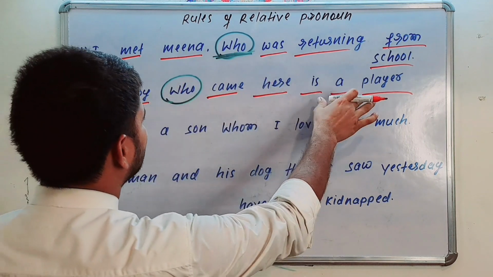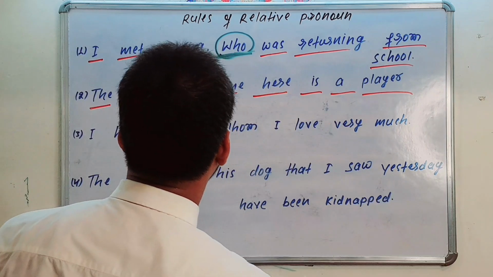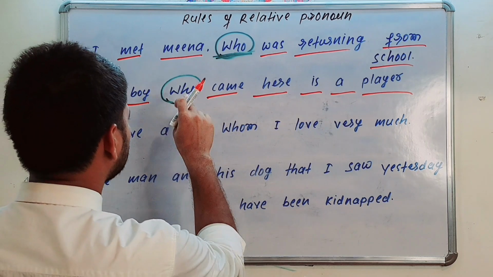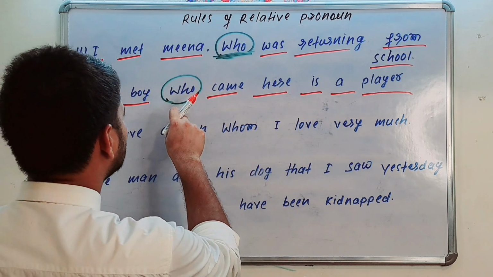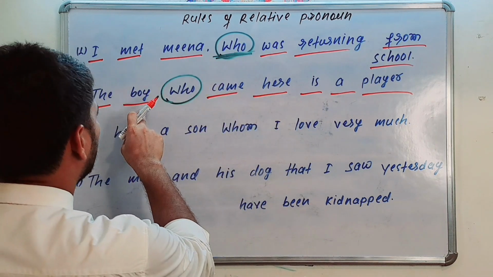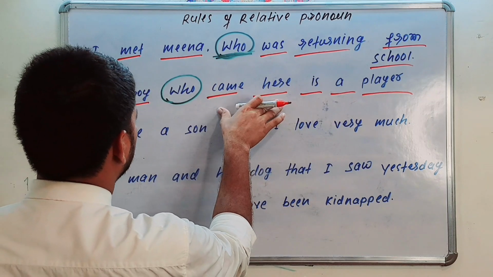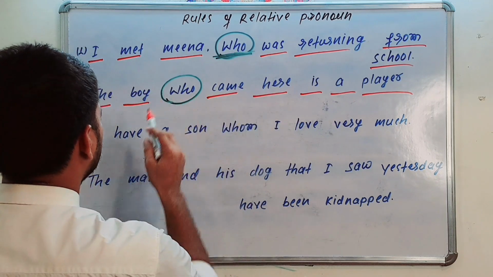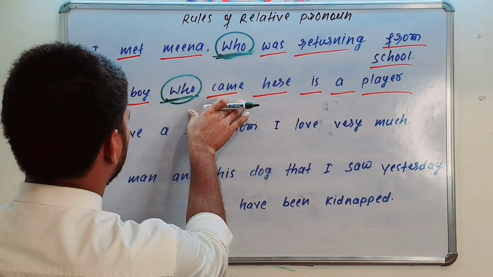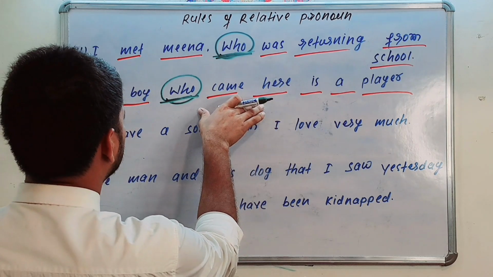And who came here is a subordinate clause, and that's why I told you the relative pronoun who, which, that is used as a subject in a subordinate clause. So here in this sentence, the relative pronoun who is working as a subject. Who came here? So this is a subordinate clause.